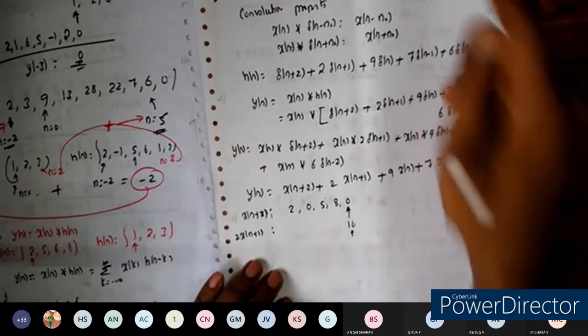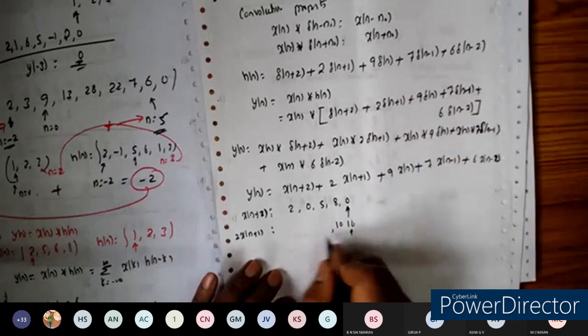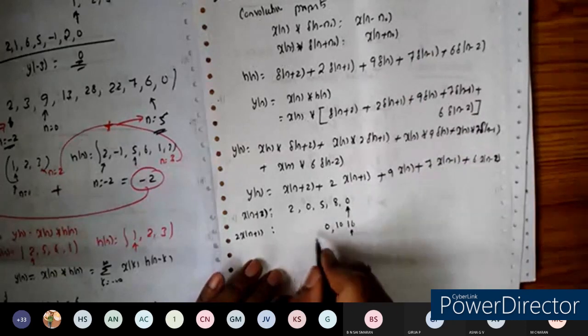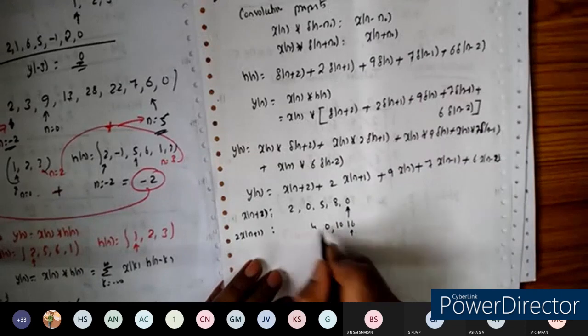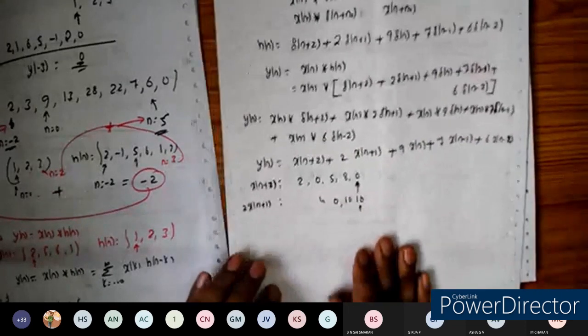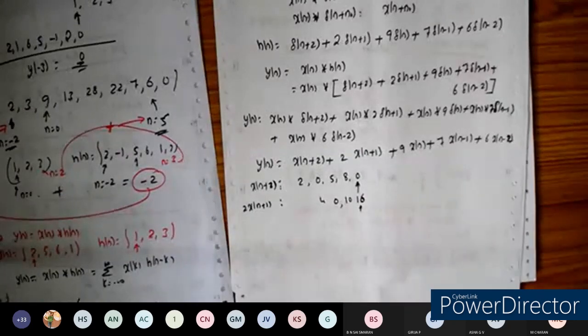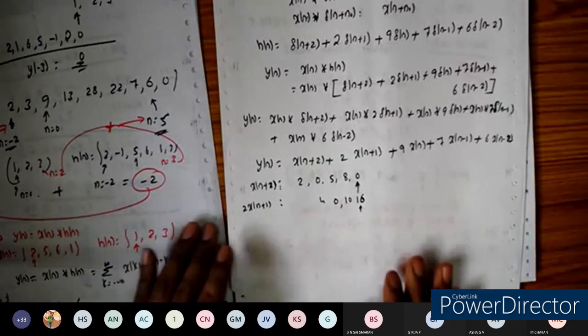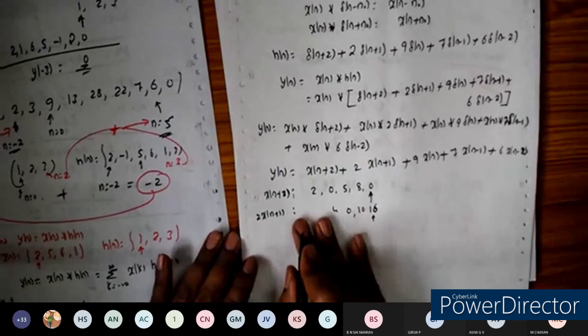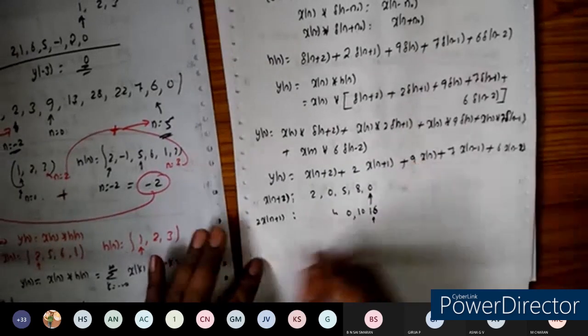So 8 into 2 will become 16 here. Next it is 10. Next it is 0 multiplied by 2, which is 0 only. So next 2 multiplied by 2 will be 4 here. So this will become the origin here. So 4 0 10 16 will become the sequence for x of n plus 1. So similarly, the next quantity is 9 into x of n.